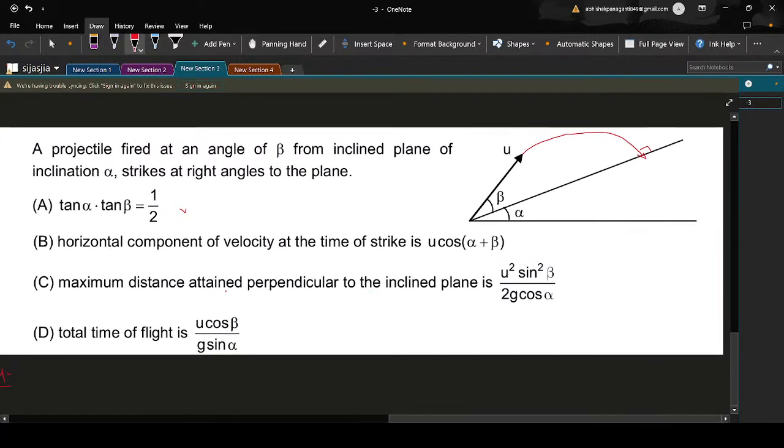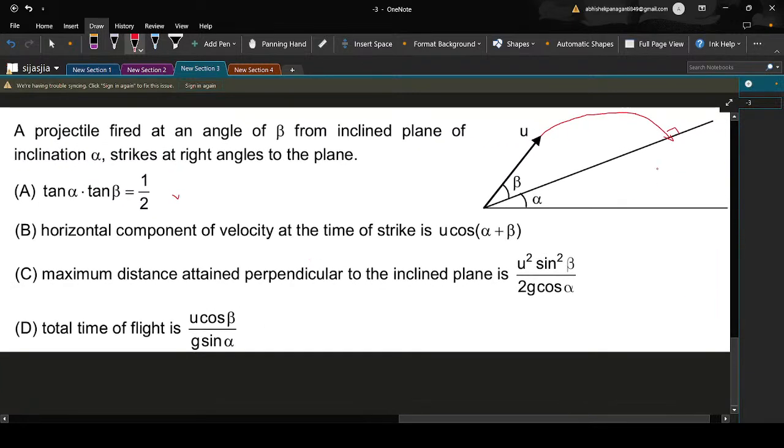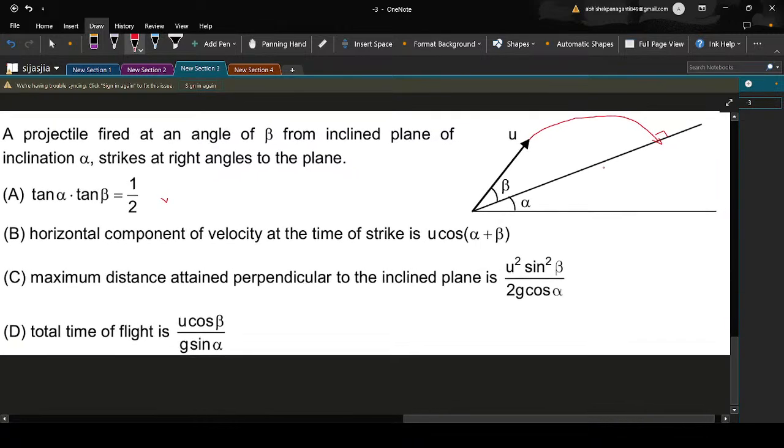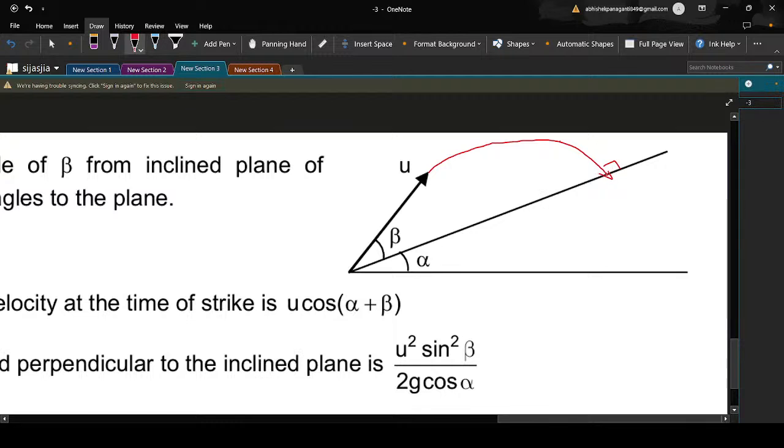So tan alpha is going to be the vertical displacement. Hold on. When this particle hits the plane completely perpendicularly, that means it has no velocity along x, I mean, with respect to the plane, Vx is equal to 0.